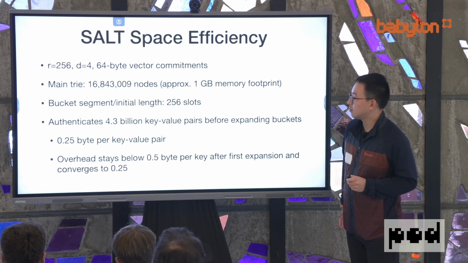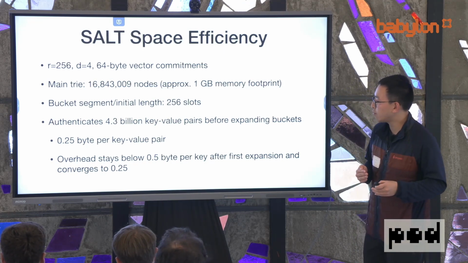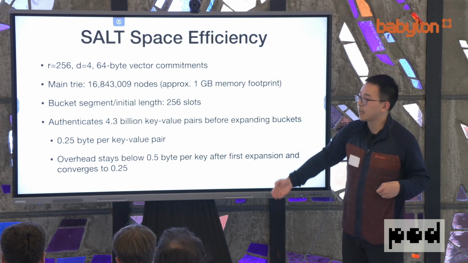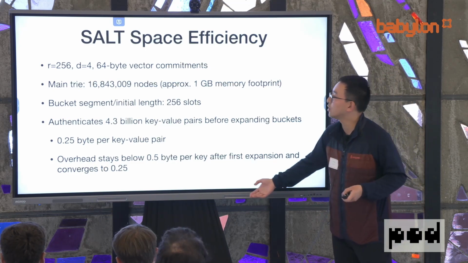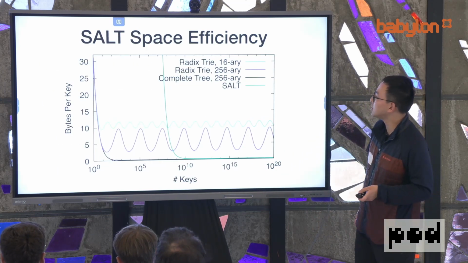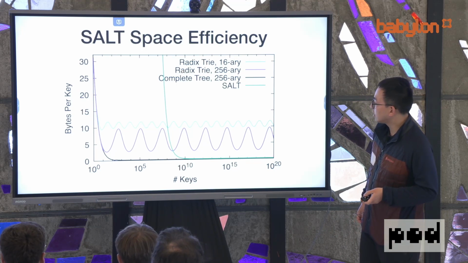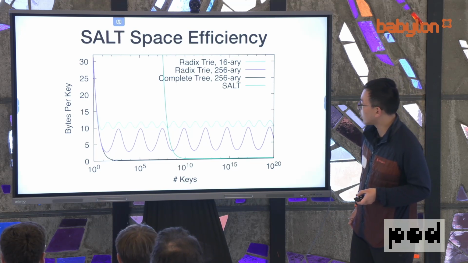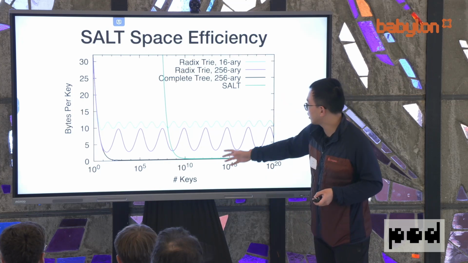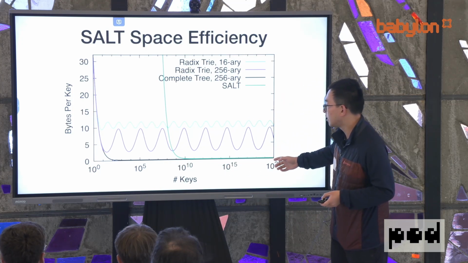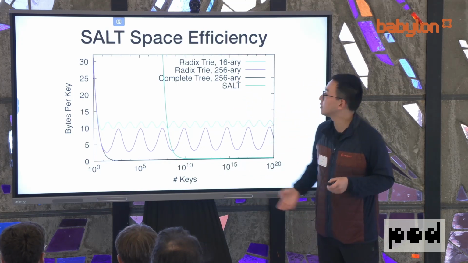And the overhead stays below 0.5 byte per key, even if you start expanding those buckets, and it eventually converges to 0.25. And this is the comparison with all the schemes we have talked about, and you can see that SOT actually converges very closely to the theoretical optimum.